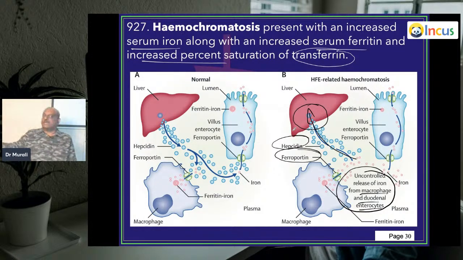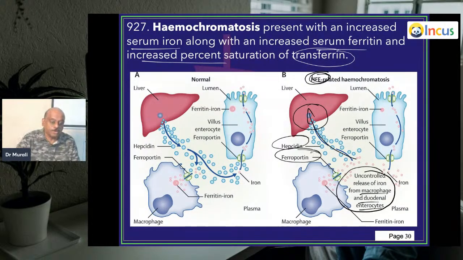Suppose you are giving a thalassemia patient with anemia repeated blood transfusions. You are loading iron to him. That is what? Secondary hemochromatosis. Primary means there is a genetic defect in them. There is one HFE gene.